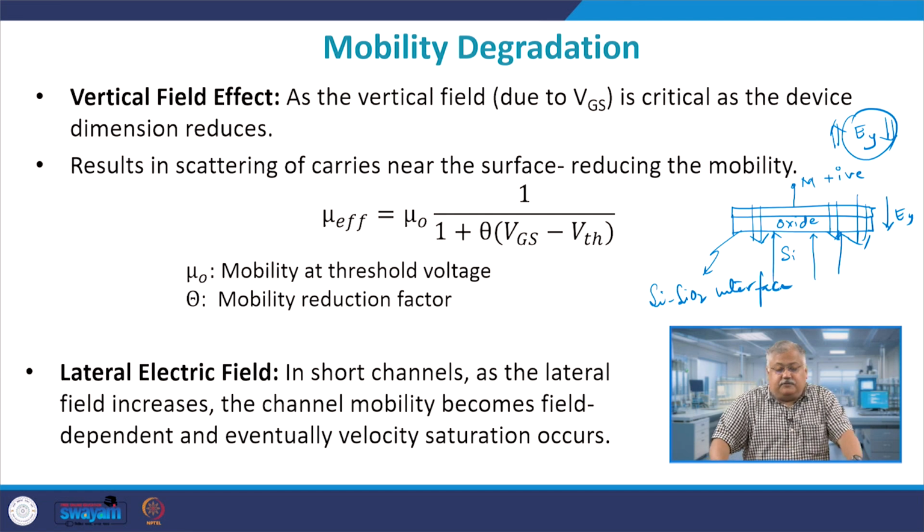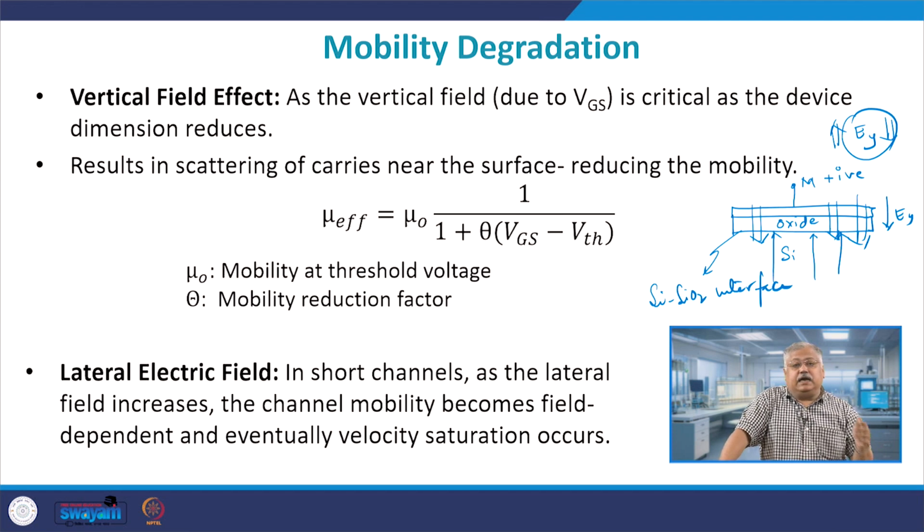Right. Now, as the vertical electric field increases, as the dimension reduces, if you follow the scaling theory, then the voltage also reduces, but Tox reduces. When Tox reduces, the value of electric field goes on increasing, and it effectively means that the electrons or holes, whatever be the carriers, are pulled very close to the silicon dioxide interface.